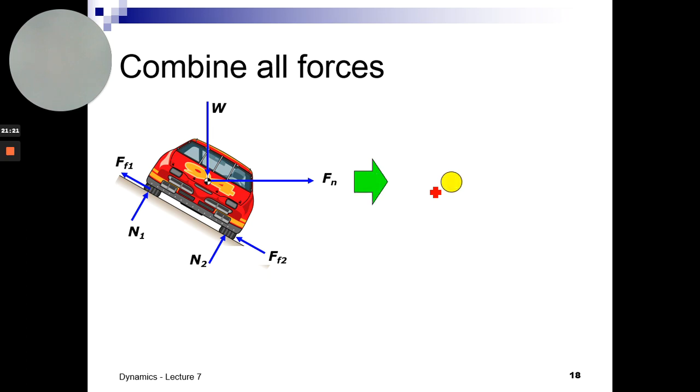So the combination of forces, weight, force acting to the center of curvature, and then the normal force, and then combine with the frictional force. So this is the combination of all forces acting at the car while moving at the slanting road in a curvature path.